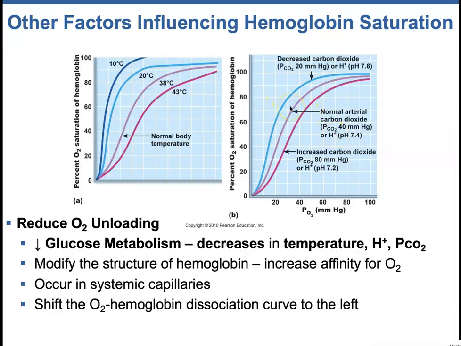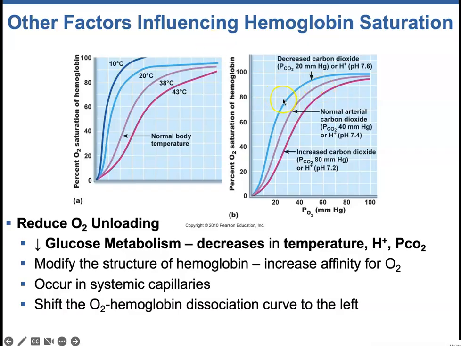So, bottom line, an easy way to remember this: a right shift in the oxyhemoglobin dissociation curve will occur when you are more metabolically active, you're burning more glucose, you are warmer, body temperature is going up, when you're sick, when you have a fever, and also when you're working out. It's not going to shift this far over when you're working out, but it'll shift slightly to the right. When you're less metabolically active, when you are colder, when you are not using as much energy, we shift to the left.